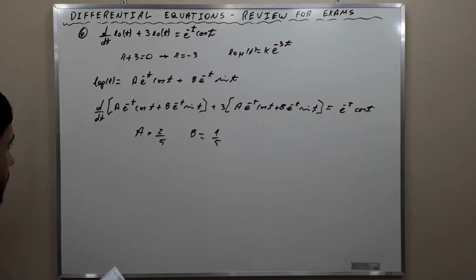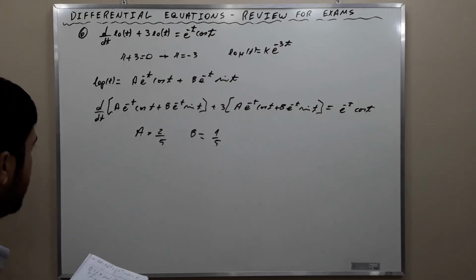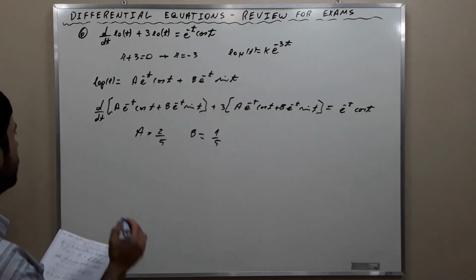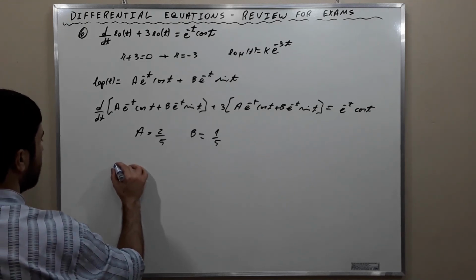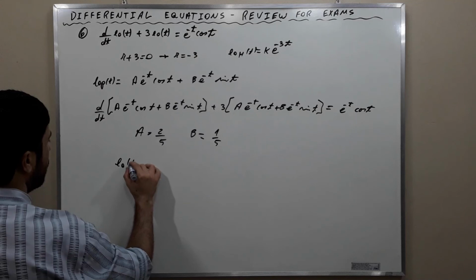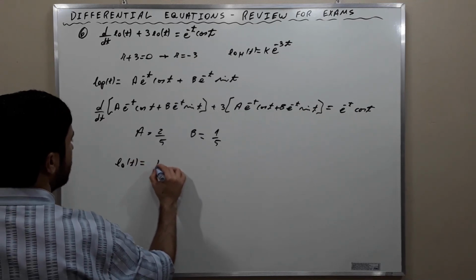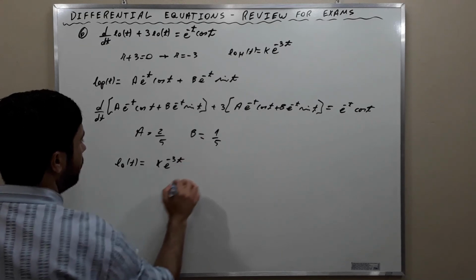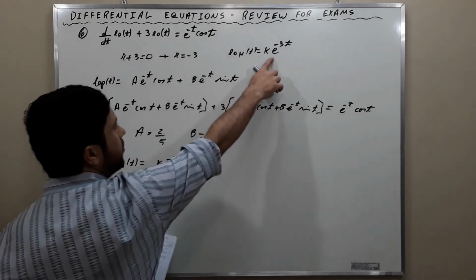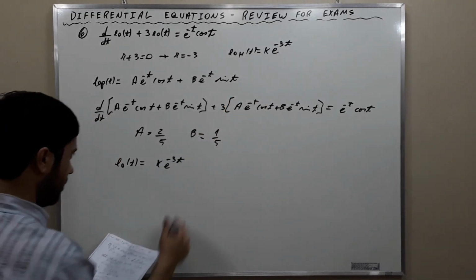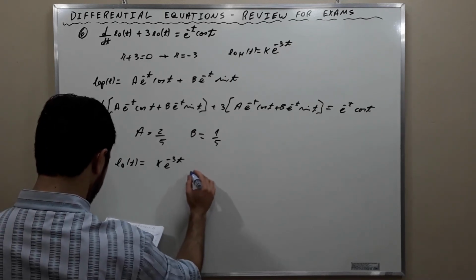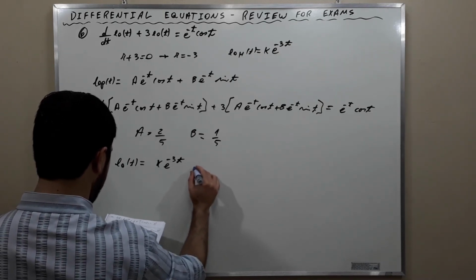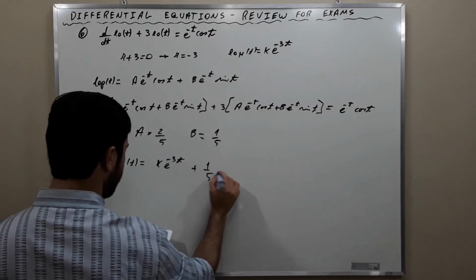Okay, and the general solution is going to be consequently e_0 of t equal to k e to the negative 3t. This part here is the homogeneous solution, and the next part is the particular solution.